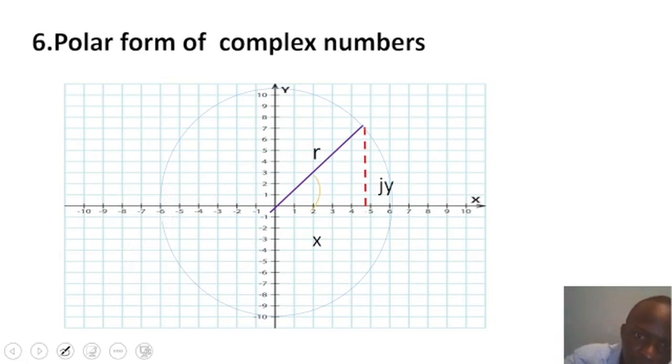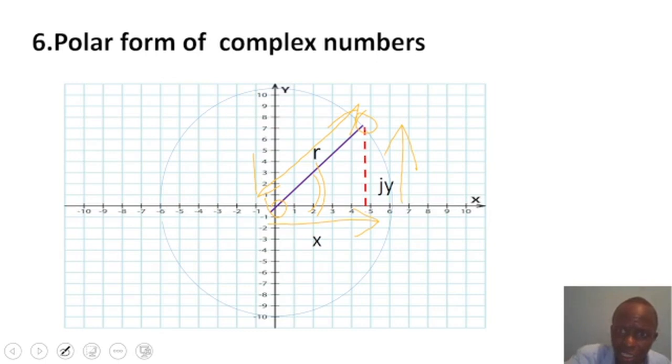So we have an angle there, and we have a triangle kind of figure, and the triangle is surrounded by a circle. From the center to this point here, that is the radius, and from this point here to that point, that is the x, and from that point to that point, that is y.